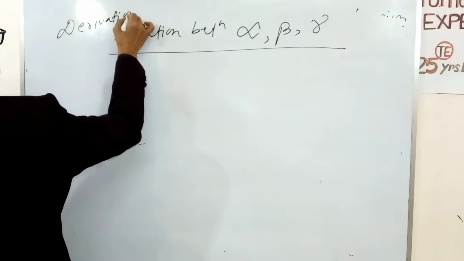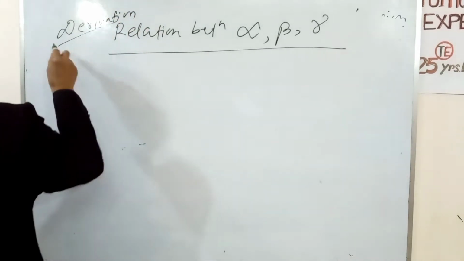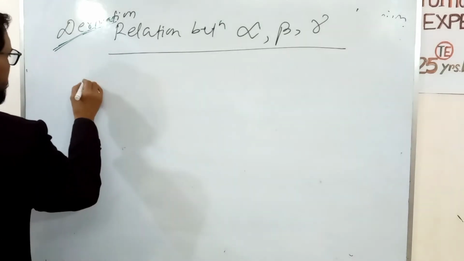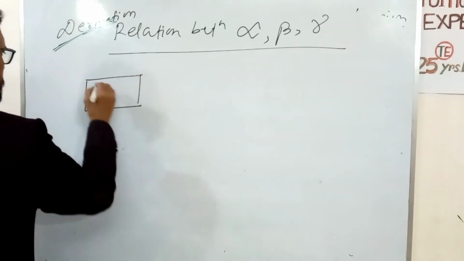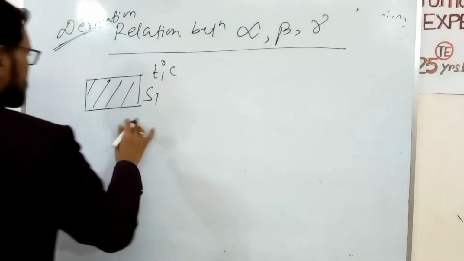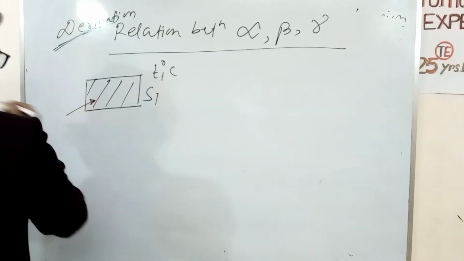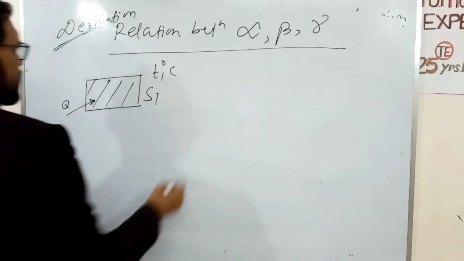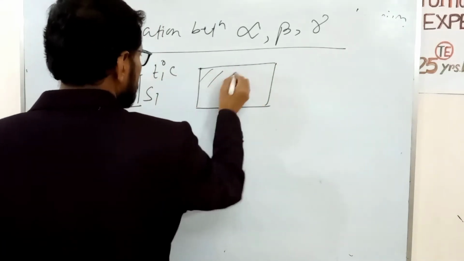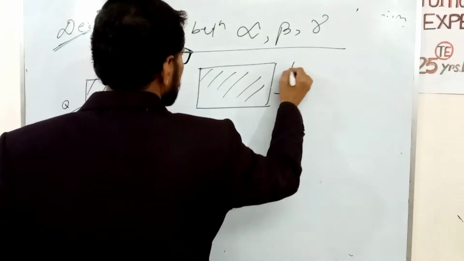Derivation. So first we take a surface area S1 at T1 degree centigrade. Now if heat is supplied, then the surface area will be increased. Suppose this is the surface area S2 at T2 degree centigrade.